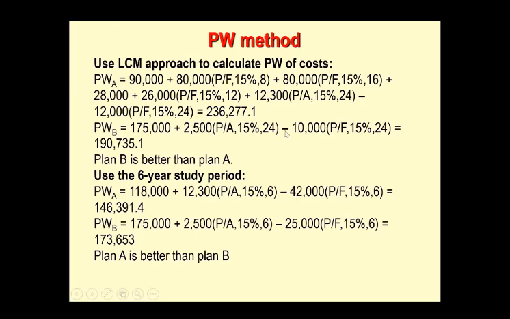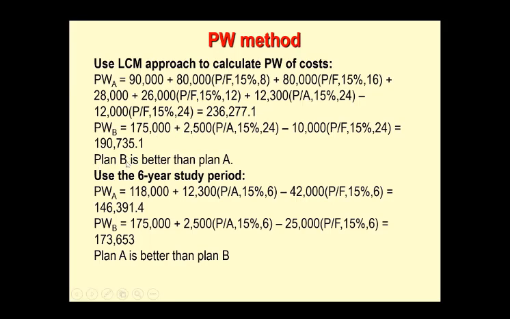Now minus 10,000 times a factor. The factor here is the single payment present worth factor. Yes, 10,000 is the salvage value at the end of the period. We have the result here, 190,735.1 loss.